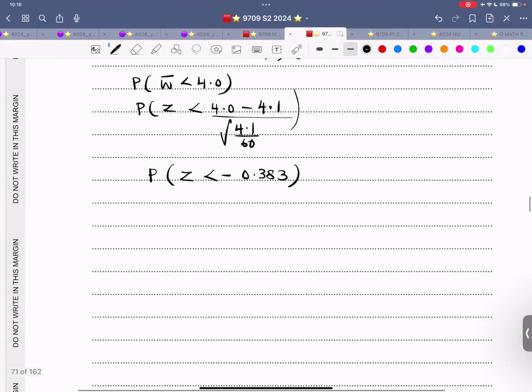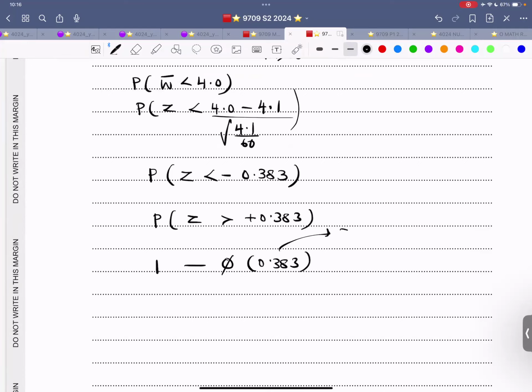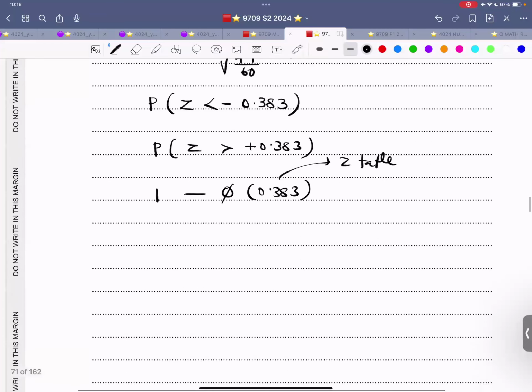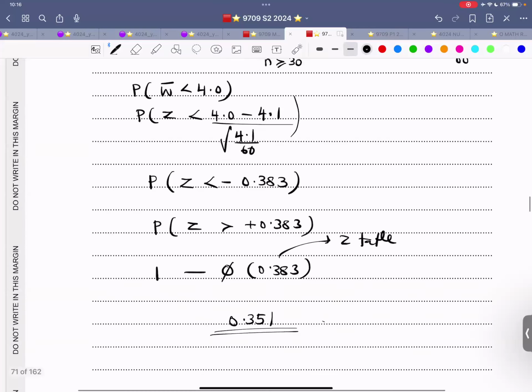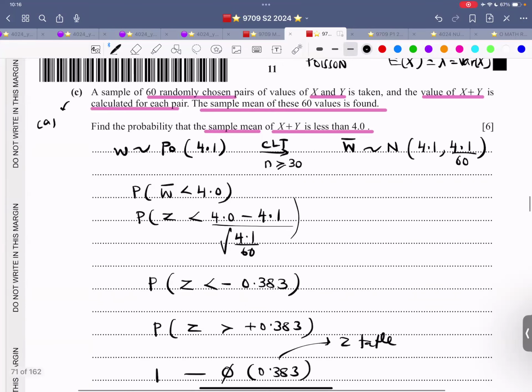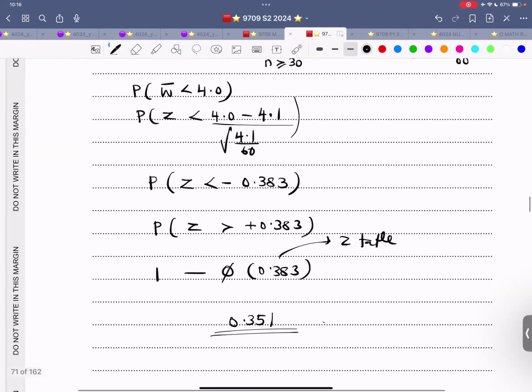Just double check my answer. And that is the same thing as Z greater than positive 0.383, which is 1 minus phi of 0.383. Go to the Z table, calculate the probability. The final answer is coming out to be 0.351. That is the answer. So that's how this particular question is done and dusted.